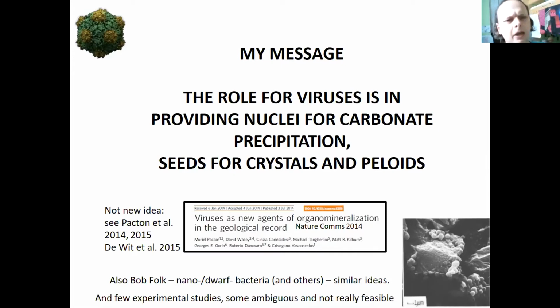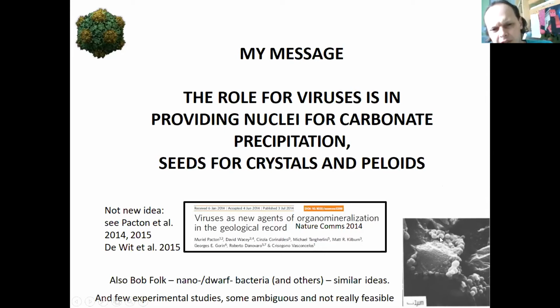It was first suggested by Muriel Pacton in 2014, who showed some permineralized viruses in microbial mats. Also, what the well-known Bob Folk called nano or dwarf bacteria in the 90s, we consider most likely to be viruses.